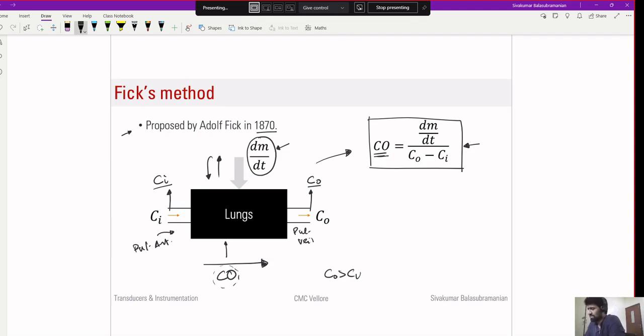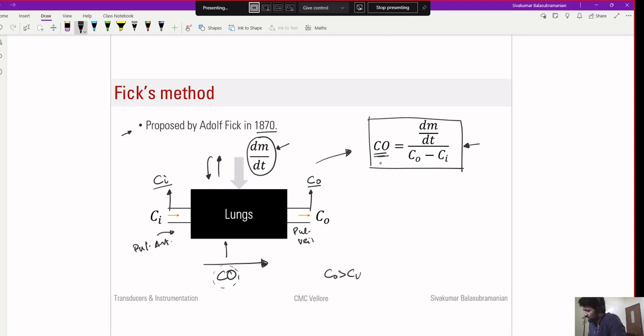So, if 200 ml of oxygen is there in the blood at the input and 250 ml of oxygen is in the output, and let's say 200 ml of oxygen is coming from the outside, then we can calculate how much is absorbed in 1 minute from here.